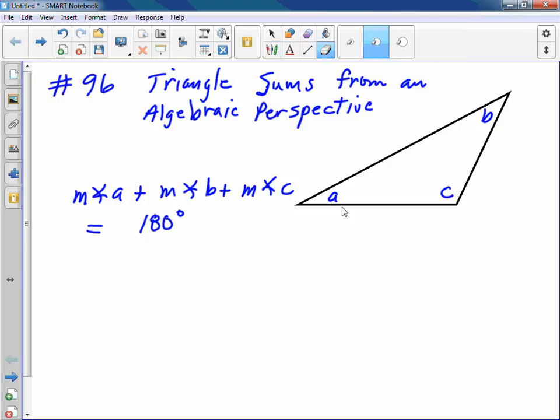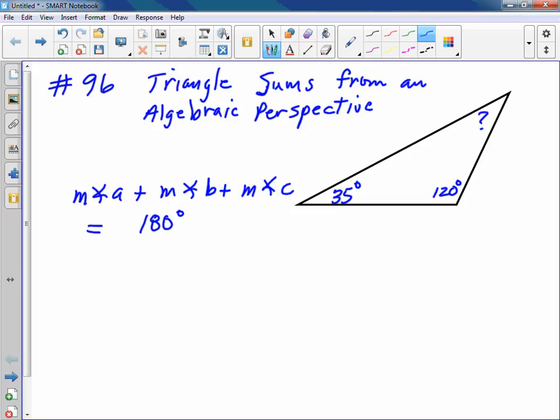So let's put in some values here. Let's say this angle here is 120 degrees, and this one might be 35 degrees. Then we would ask, what's the value of the angle that's left over?